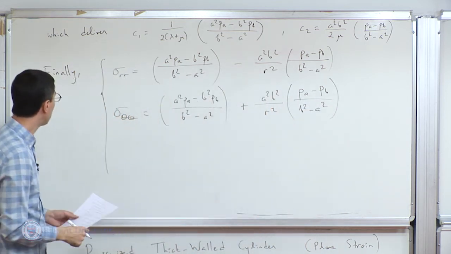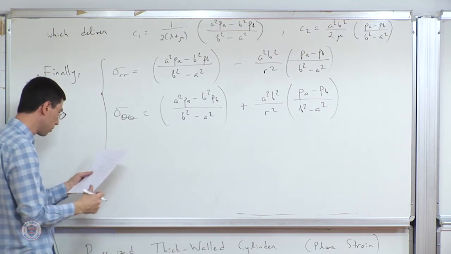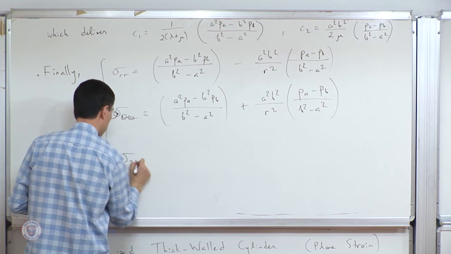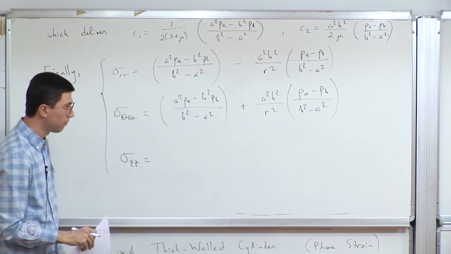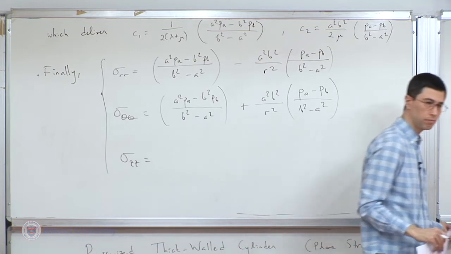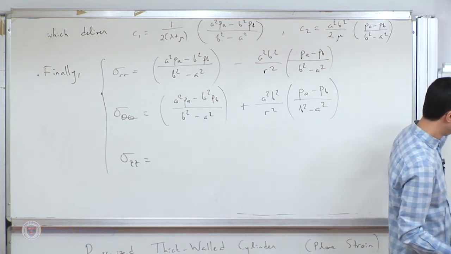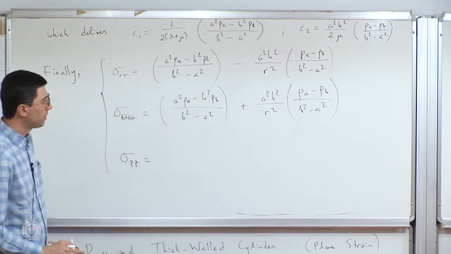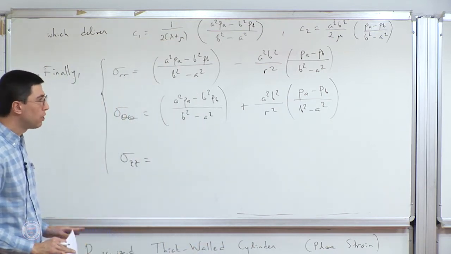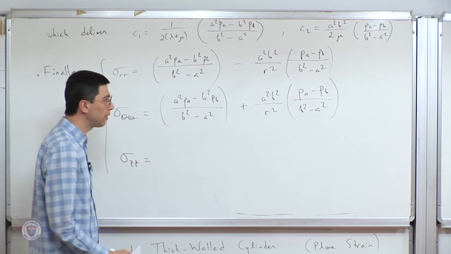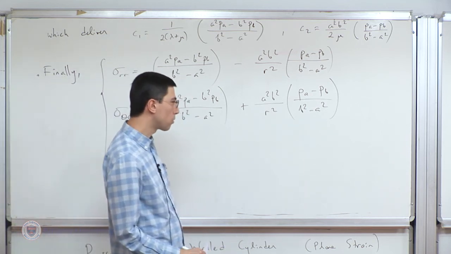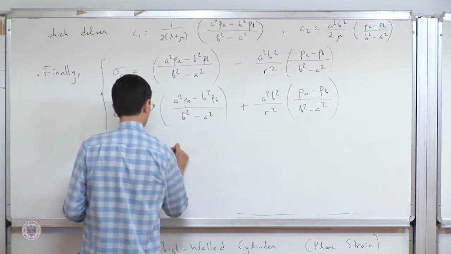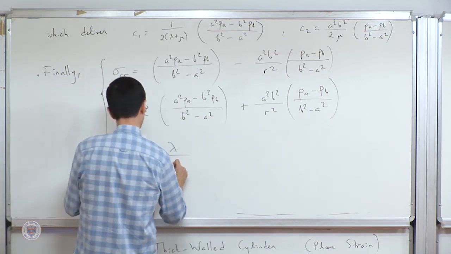So sigma rr, the radial stress, the tangential stress sigma theta theta, and of course, there is also a sigma zz. Notice that epsilon zz is 0 because there is no displacement in our idealization in the z direction, but no strain doesn't mean no stress, as we very well know by this time. So sigma zz is lambda over lambda plus mu.